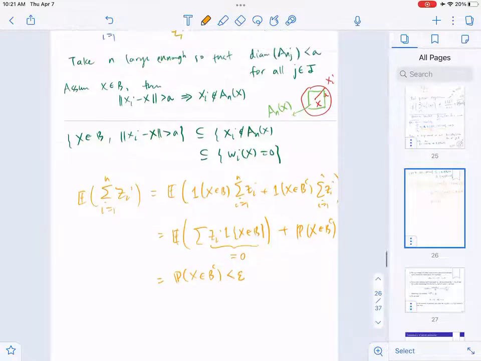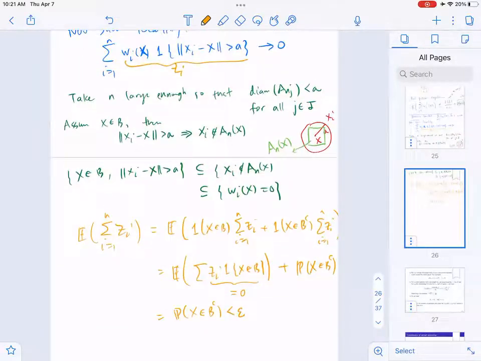So again, conceptually, it's very simple. This is saying that the sum of the weights of the points that are outside a ball of radius A around X has to go to 0.